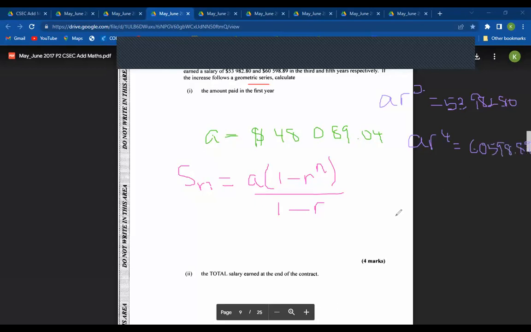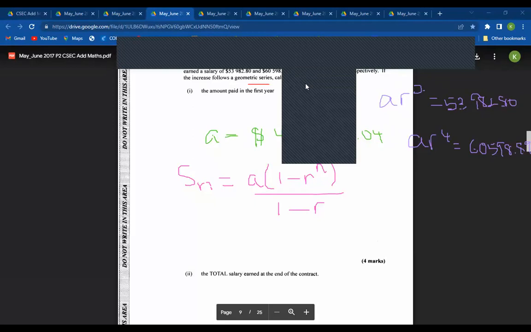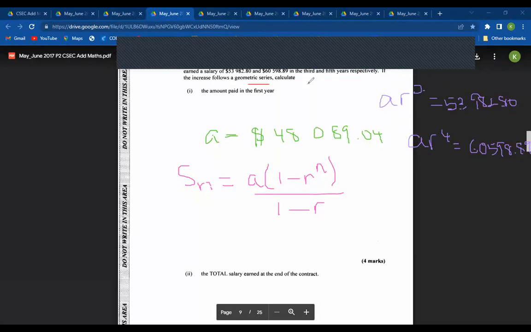Now that I know my value for A, I could actually go find R. Whether I substitute it into this or this doesn't matter. But we didn't actually have to do that, because before we found that r squared was this fraction here.